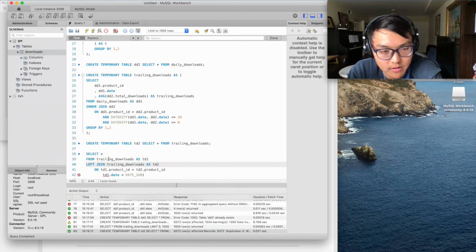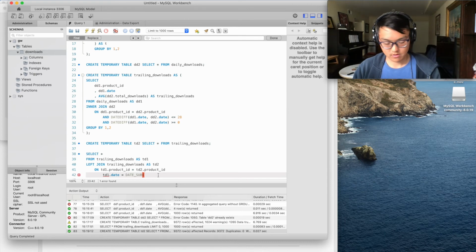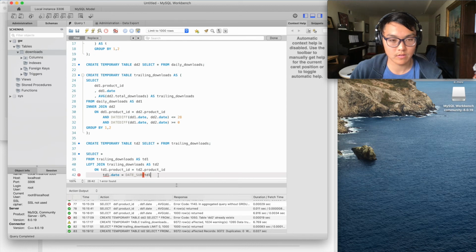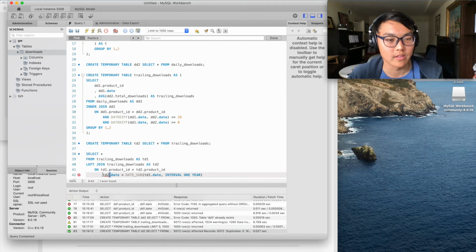So if we do a join on date subtracted, we want TD2 equal to the date of TD1.date interval 1 year, right? So we want the second table to be equivalent to the first table minus 1 year.